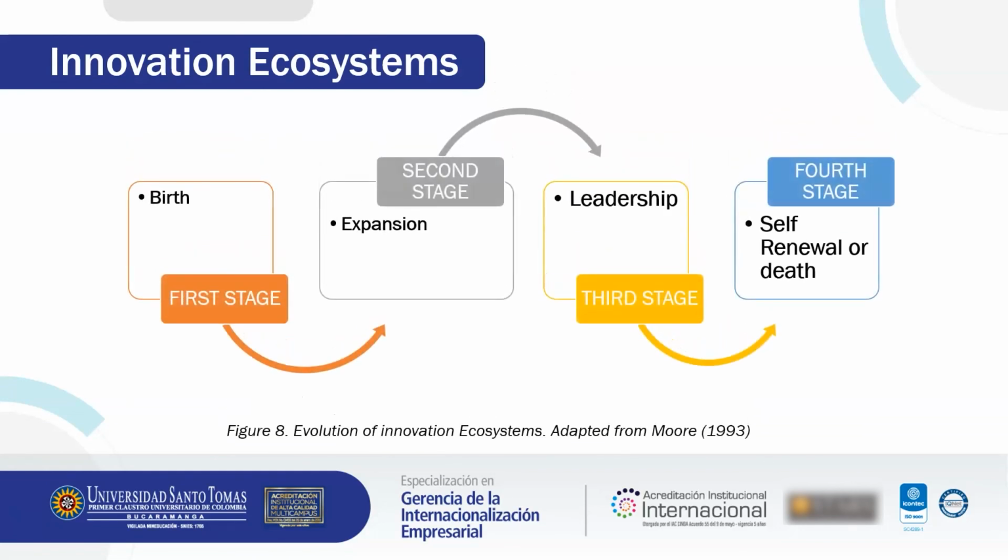Additionally, according to Moore, there are 4 stages in the evolution of innovation ecosystems represented in figure number 8. The first one is related to the collaborative work between the involved actors to determine the value proposition as the innovation birth. In the second stage, strategies, projects, and other elements start to be applied for expansion in the market in a cooperative way.